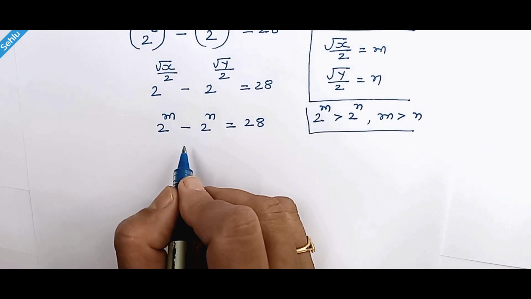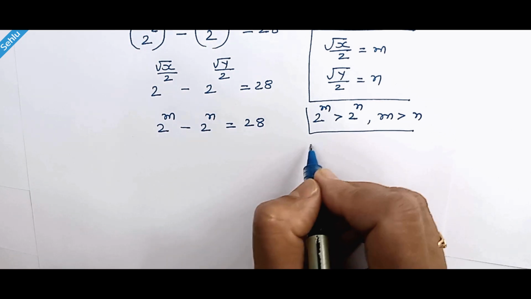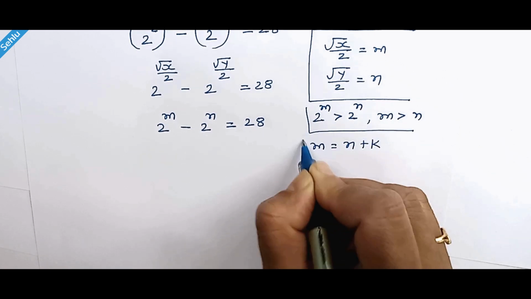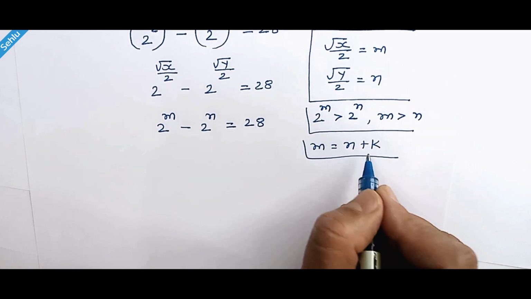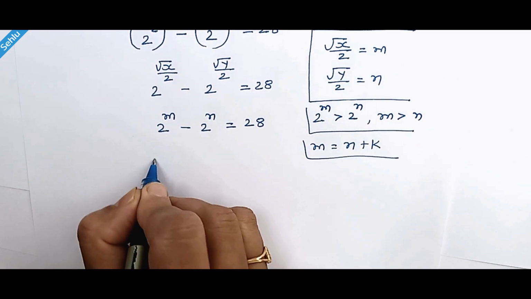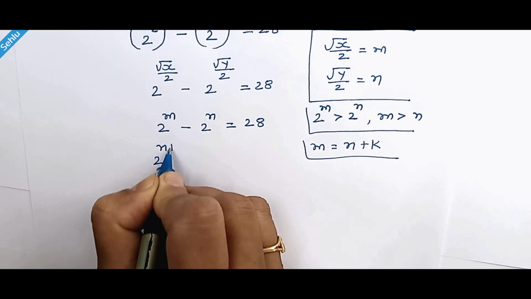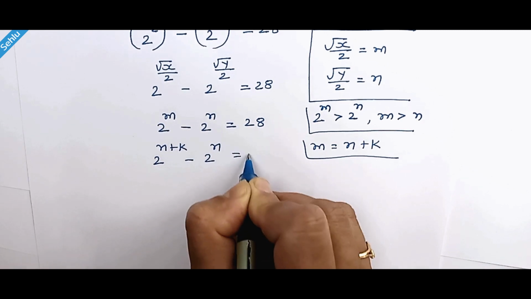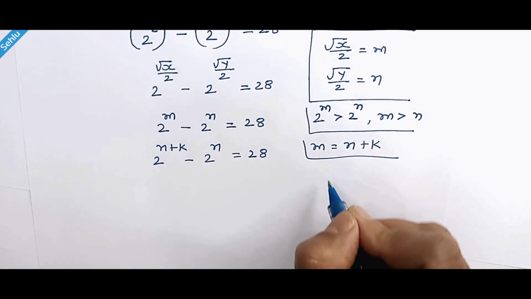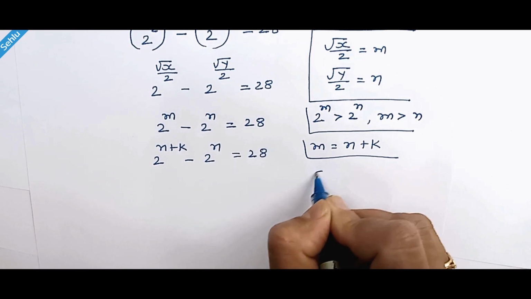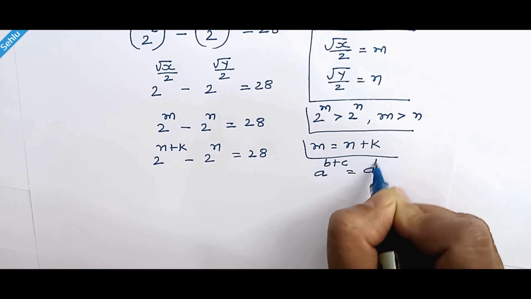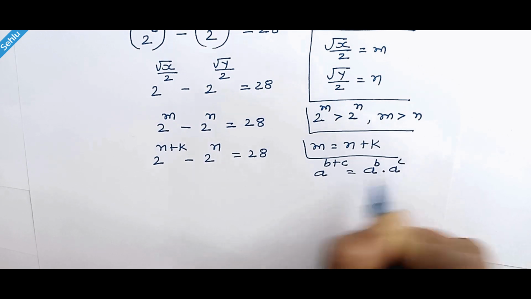So let's add a constant to n to equate with m. Let's take m is equal to n plus k, and put it in the equation. So it will be 2 raised to n plus k minus 2 raised to n is equal to 28. Now let's remind ourselves of the rule where a raised to b plus c can be a raised to b times a raised to c.